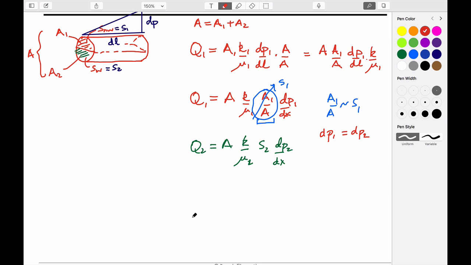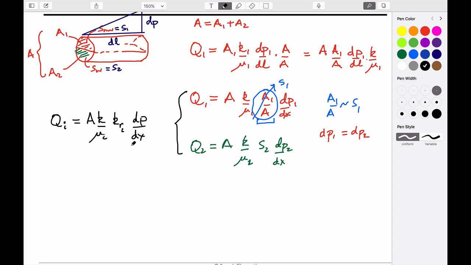And so what we would see is that we'd like to be able to write this overall equation just as the flow rate of one particular fluid is equal to the cross-sectional area times the permeability of the core, the viscosity of the fluid, multiplied by something which we'll call a relative permeability of fluid i, and the pressure gradient.